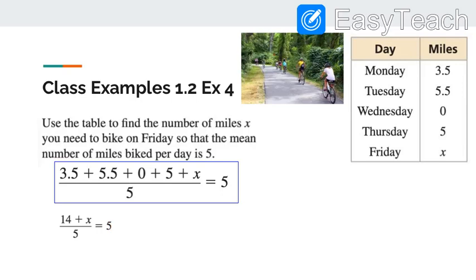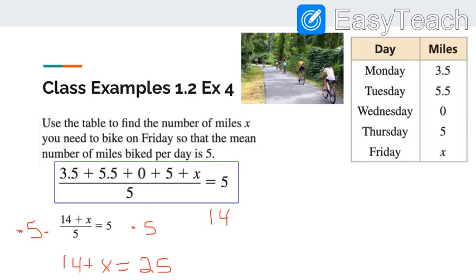So the very first thing we're going to do here is multiply both sides by 5. Well, this is because, again, if this was a divide by, we want to cancel that out. So now we'd be left with 14 plus x equals 25. I'm just going to rewrite this over here.